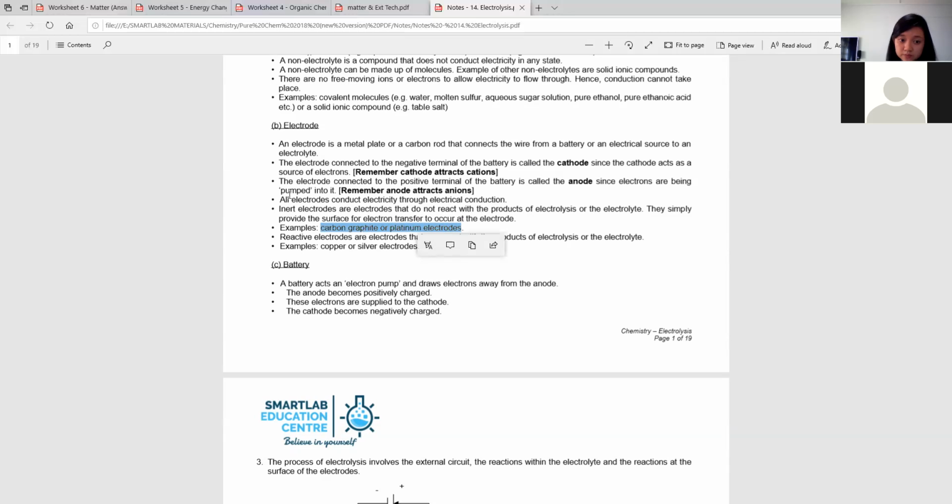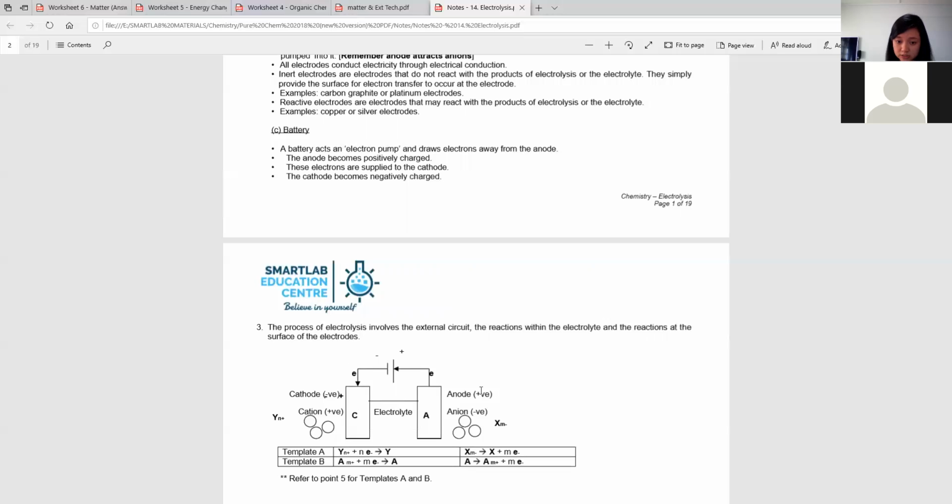If it's reactive electrodes, then they are usually metal electrodes. So they will be able to break down during the whole electricity process. Example, you have your copper or your silver electrode. And of course you must have a battery involved, otherwise there's no electrolysis.